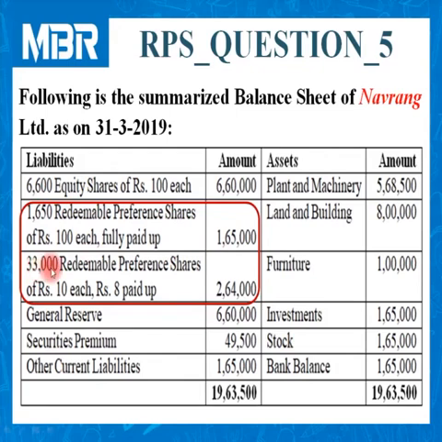And second, 33,000 redeemable preference shares of rupees 10 each, rupees 8 paid up. Amount 2,64,000. Here we have two types of redeemable preference shares, and we need to check our additional information regarding the information of redemption.